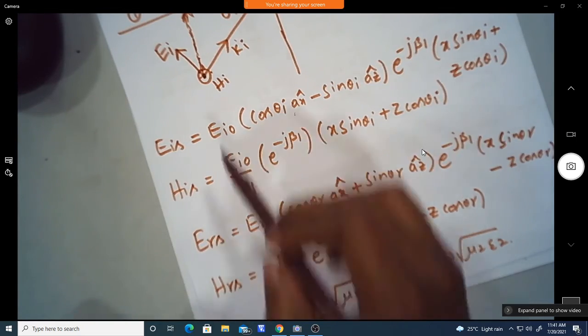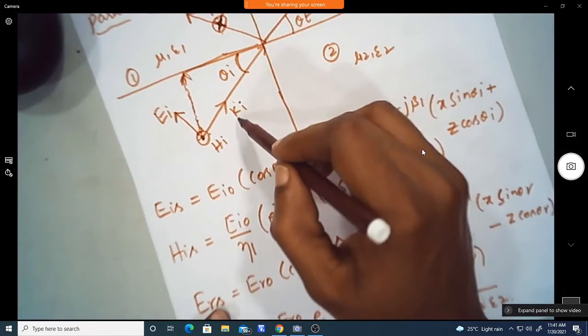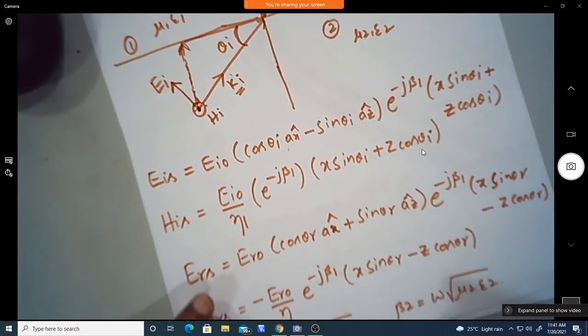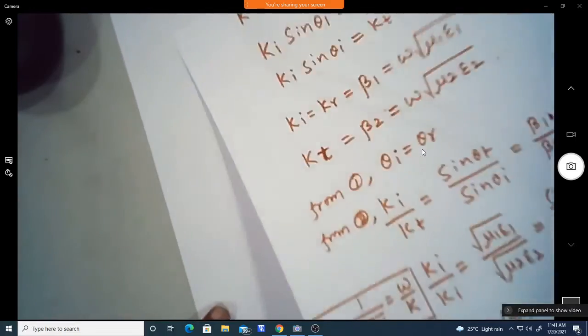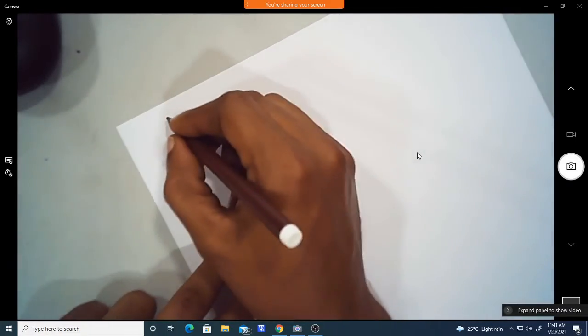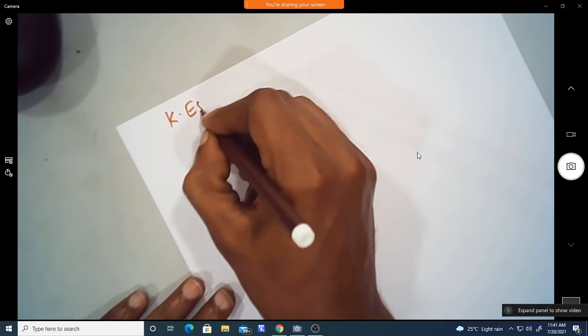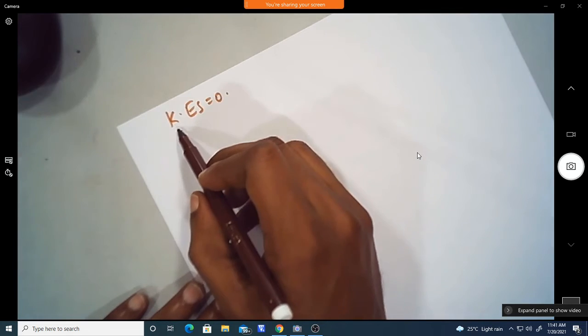So once the propagation vector k is known, then we can define the electric field. As I said, k dot Es will be equal to 0, because the propagation vector and electric field are always mutually orthogonal.